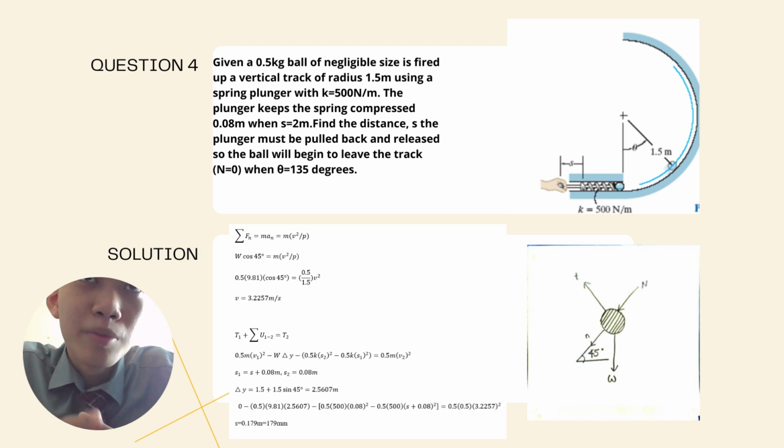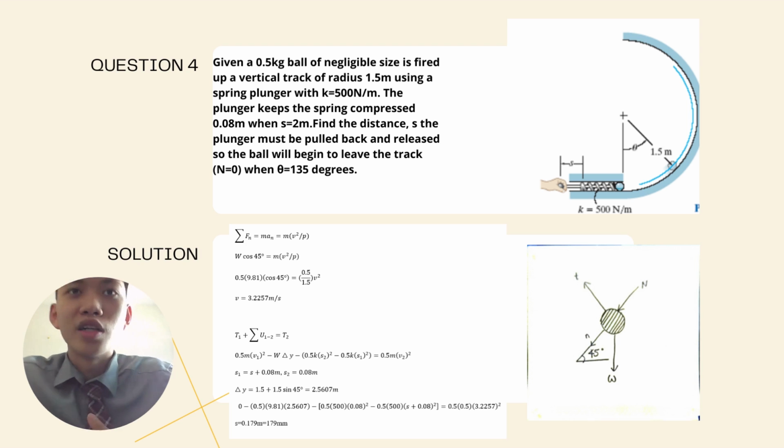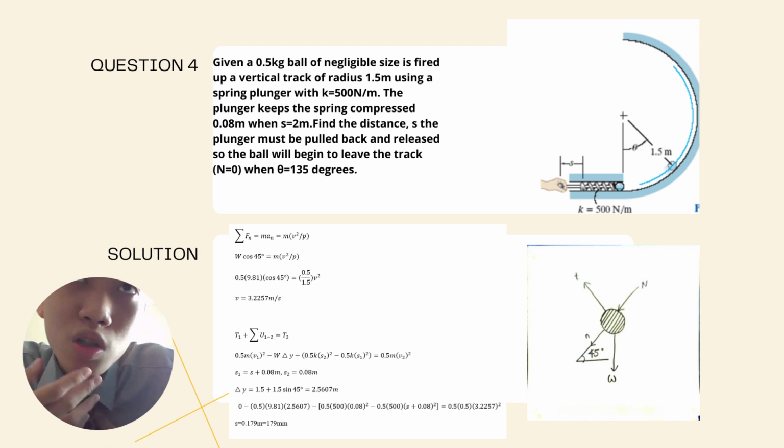And we will get W cos 45 degrees equal to mass multiply V squared divided by radius. Now we will further do it, and we will get 0.5 multiply 9.81 multiply cos 45 equal to 0.5 divided by 1.5 multiply V squared.